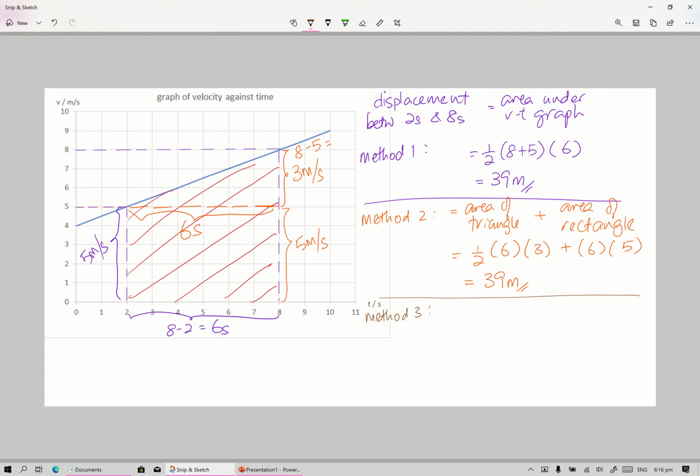Okay, I'm just going to erase all this to avoid further confusion.